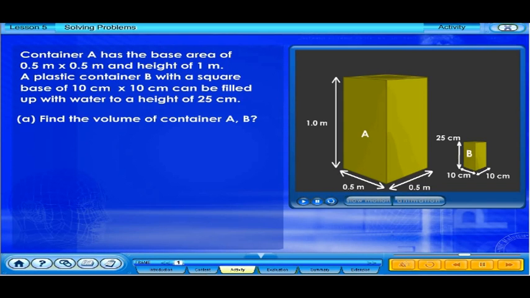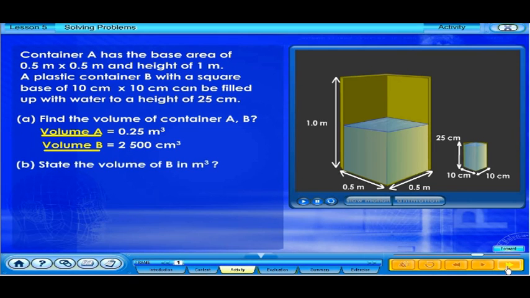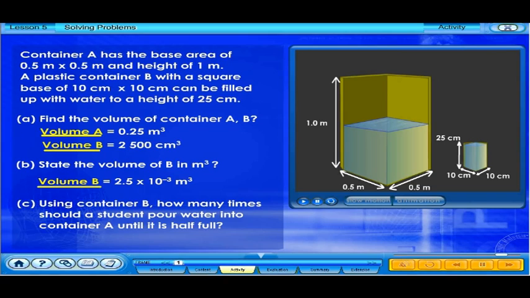Find the volume of container A and B. State the volume of B in cubic meters. Using container B, how many times should a student pour water into container A until it is half full?